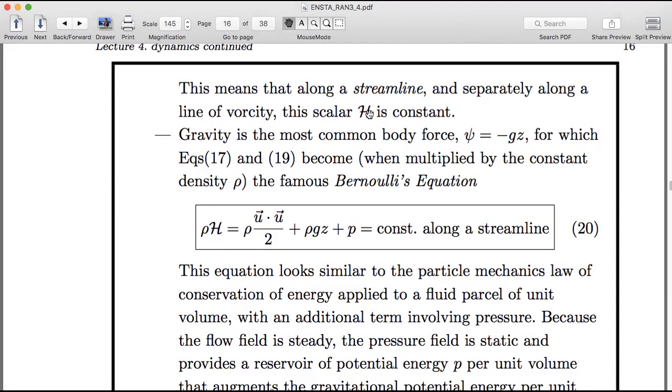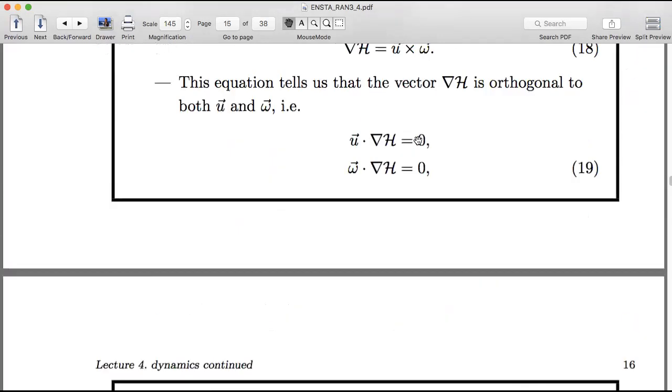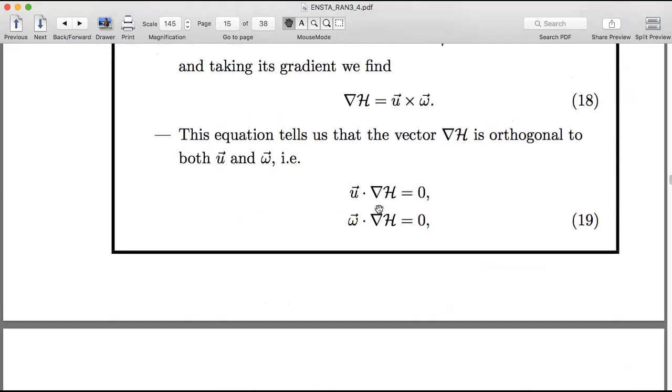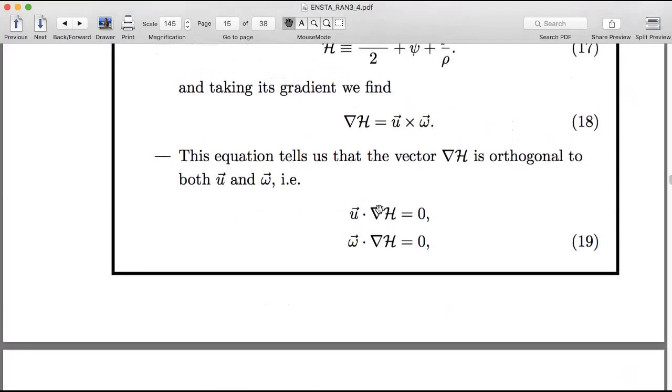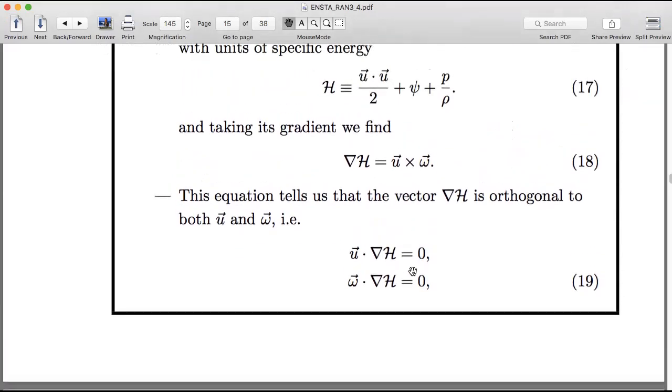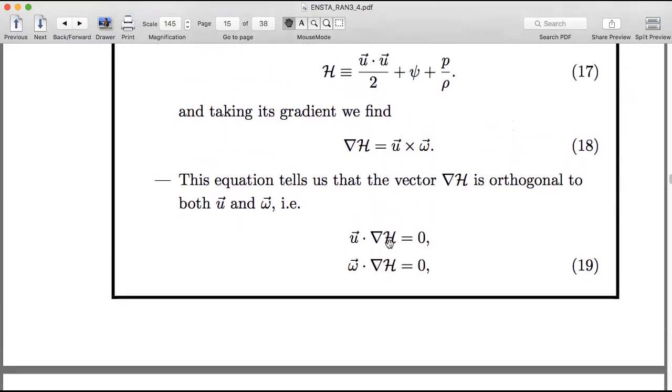And so h is constant along those lines too. So it's constant along those two types of lines. That's nice to know, but it's not the form of Bernoulli's equation that I learned in fluid mechanics.